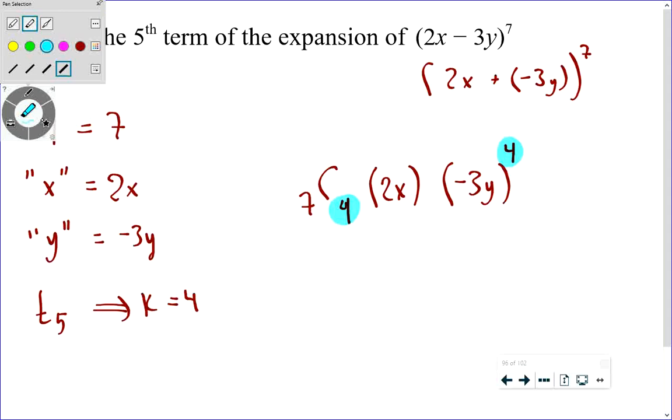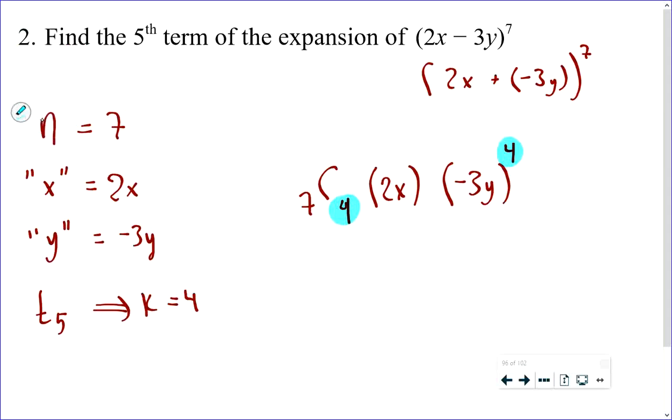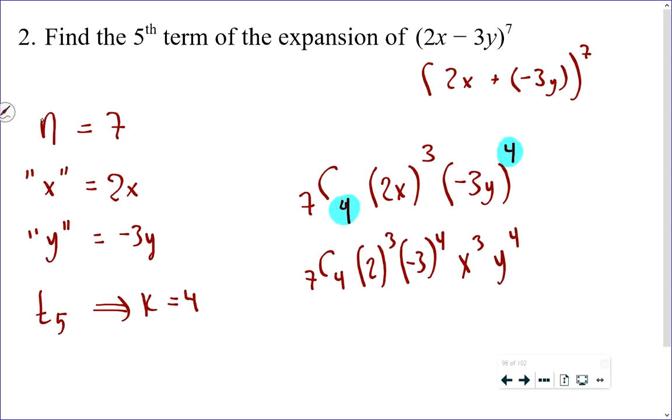And the exponent on x, you can either say it's 7 minus 4, which is 3, or you can say, well, it's 3 because the two exponents have to add to give 7. And what I want us to do here is rewrite this in the following way. 7 choose 4, 2 to the 3, negative 3 to the 4, x cubed y to the 4.